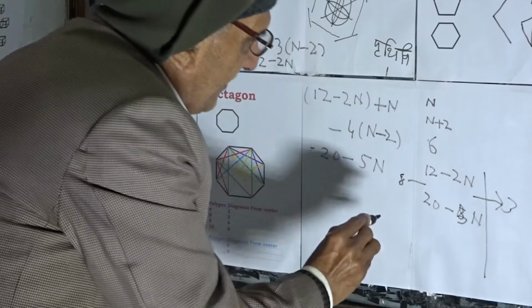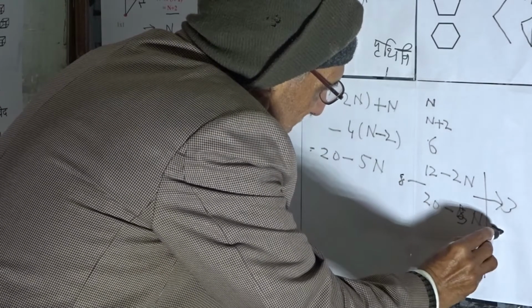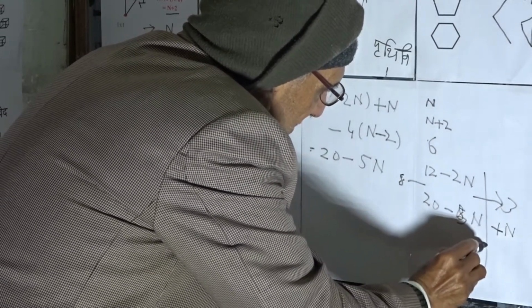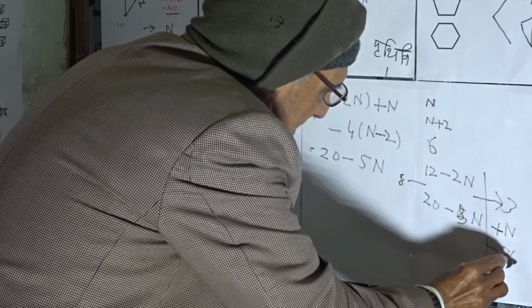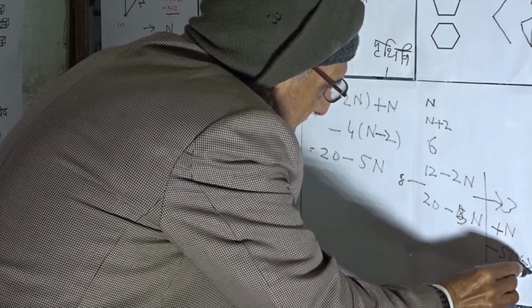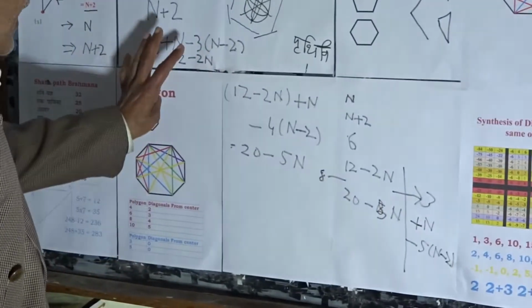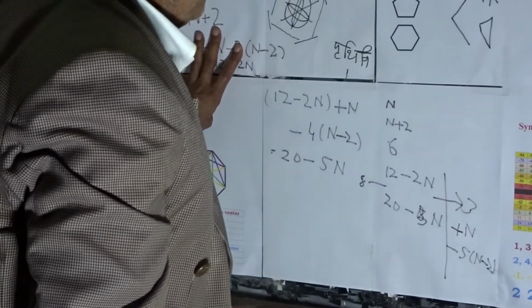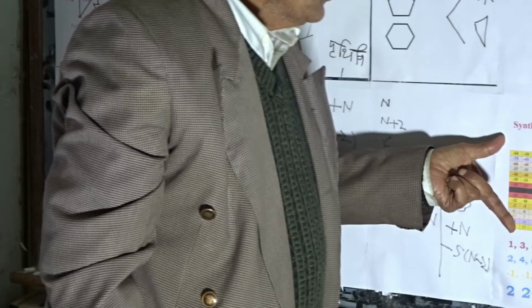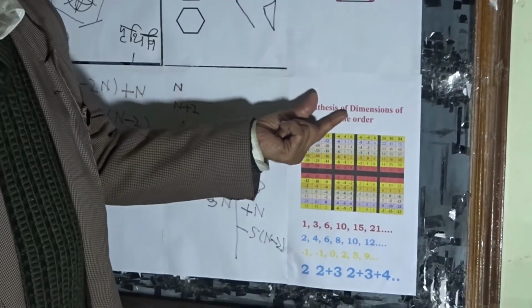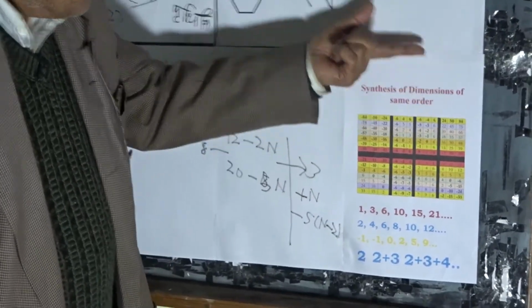See what will happen next. We will have one additional value, and we have to bridge 5 gaps, and the pattern will follow, and it is this pattern which will help us reach at this tabulation of synthesis of dimensions of the same order.